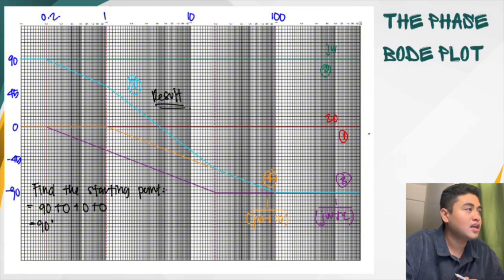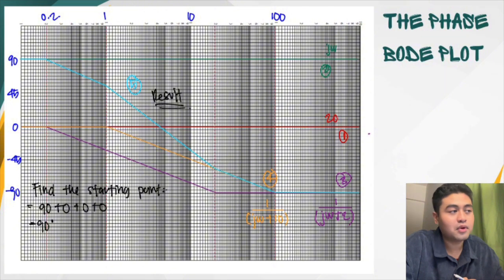In the region between 0.2 and 1, you can see only one graph slopes down, so you just draw a slope down graph until negative 90. But before it reaches negative 90, it finds another region, between 1 and 20. Between 1 and 20, we can see two slope down graphs, the yellow and the purple one.